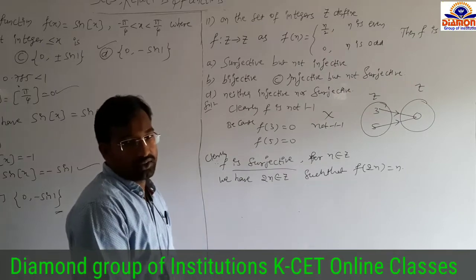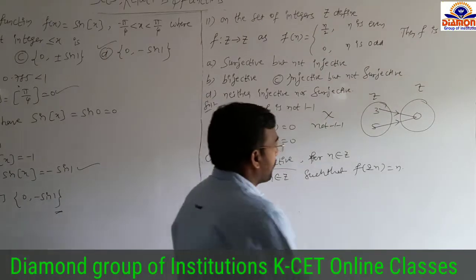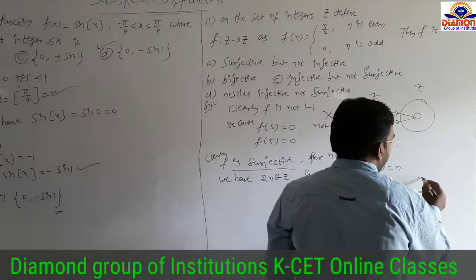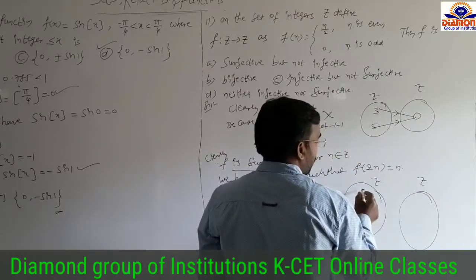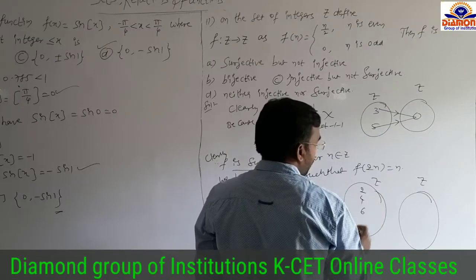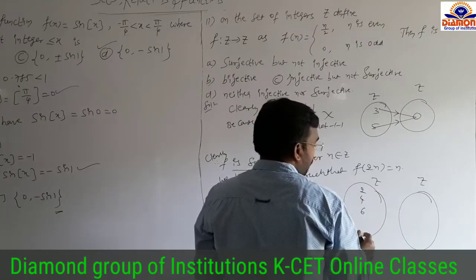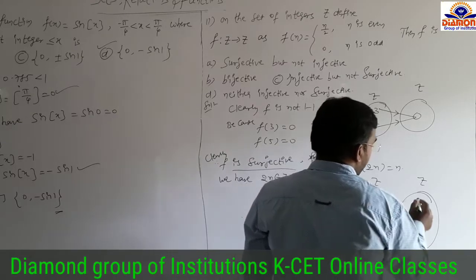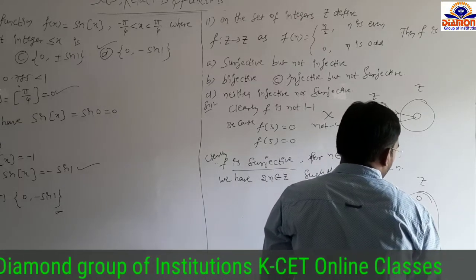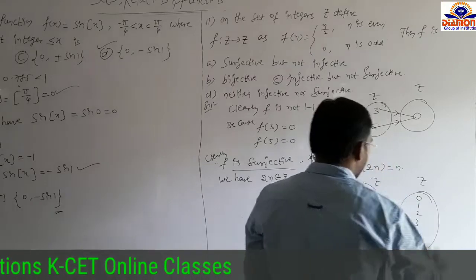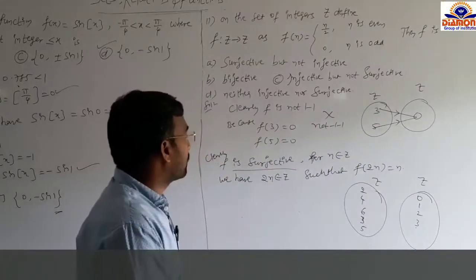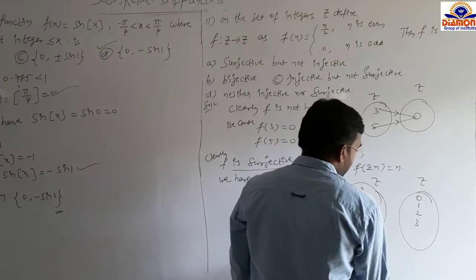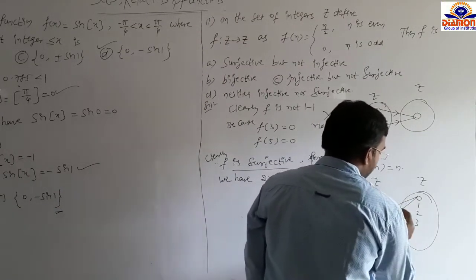Codomain equal to range. Suppose the domain is Z here, the codomain is also Z. So here take 2, 4, 6 numbers like that, next to 3, 5 also. Here 0, 1, 2, 3 like that you can take. For odd numbers, 3 is mapped with 0, 5 also mapped with 0.